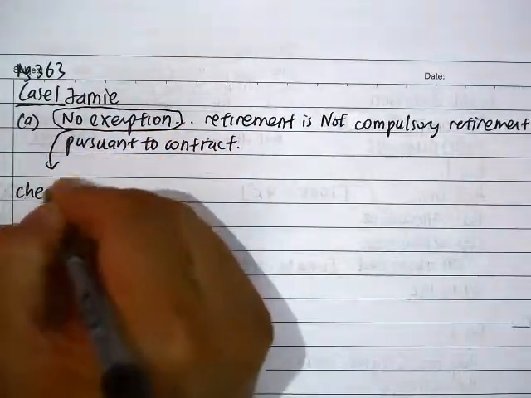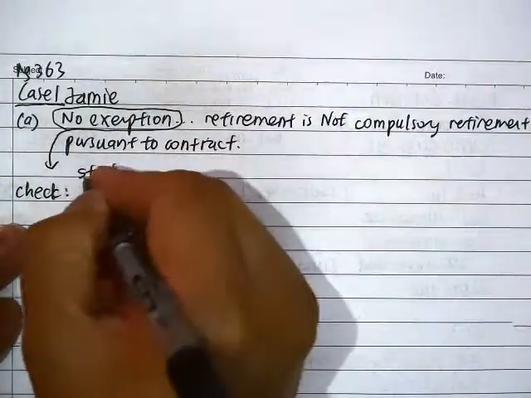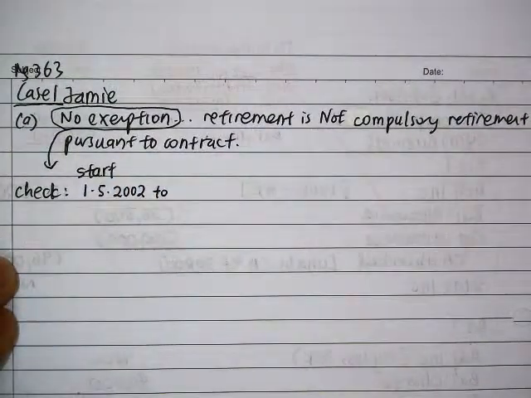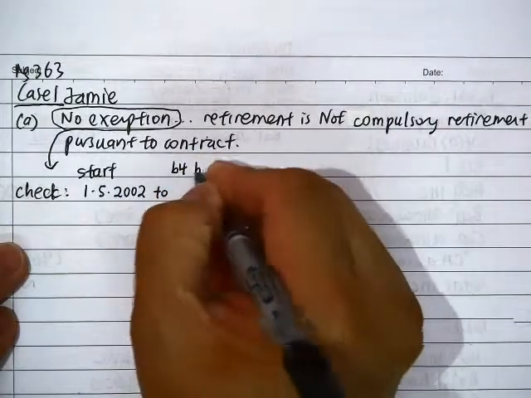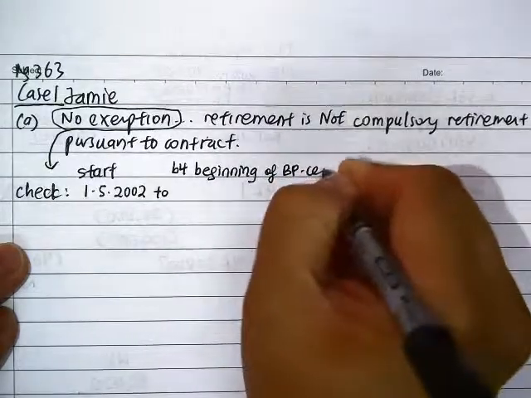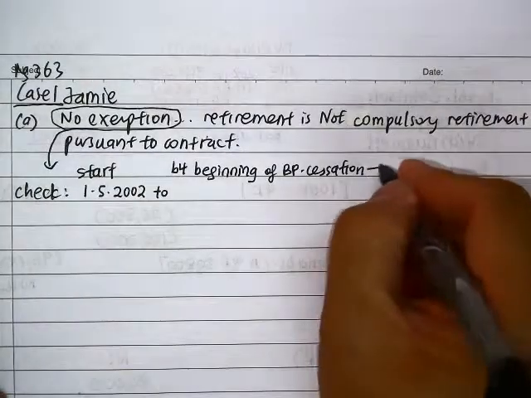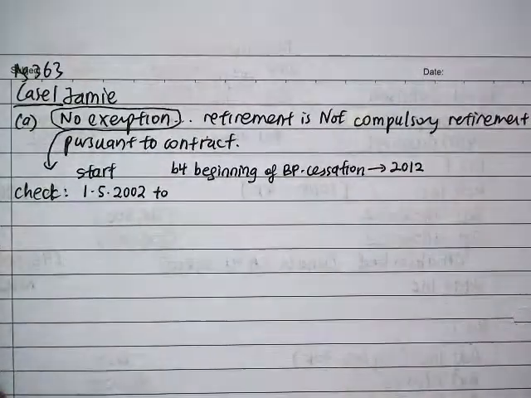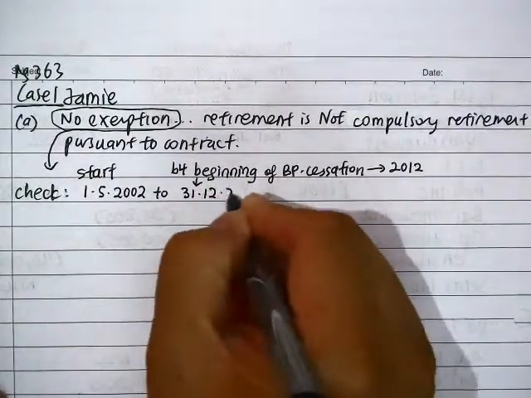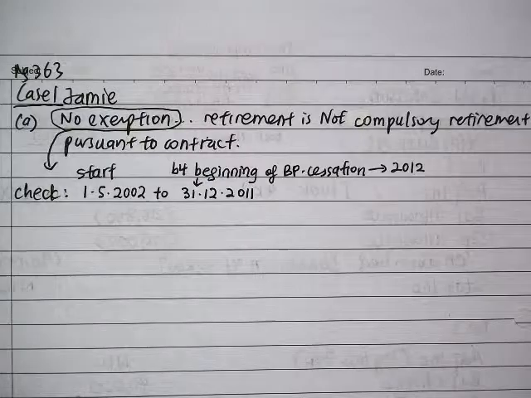Now we check from the date you start. She started on 1st May 2002 until before the beginning of the basis period for your cessation. Cessation is 2012, so before the beginning is 31st December 2011.